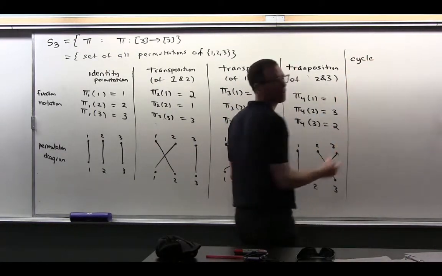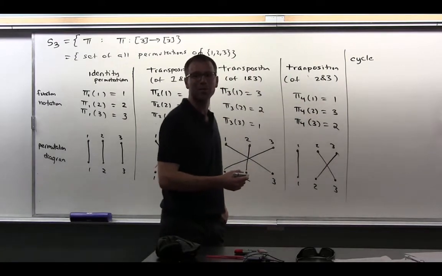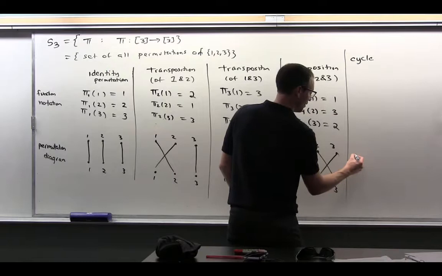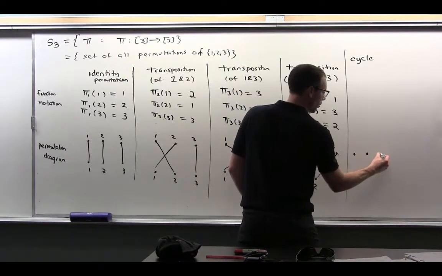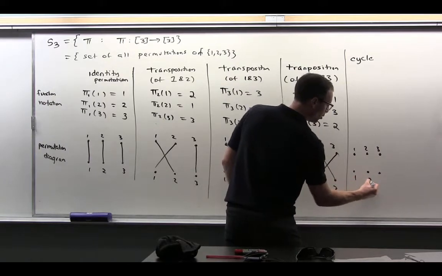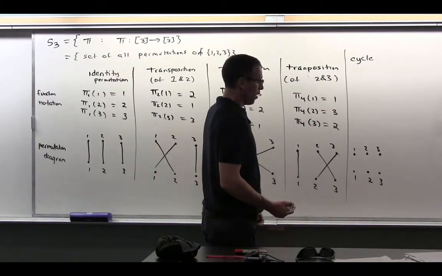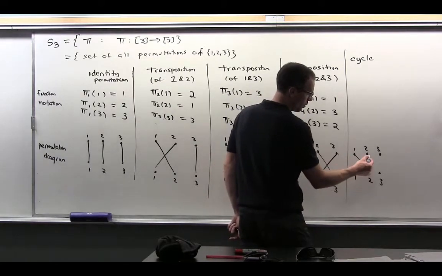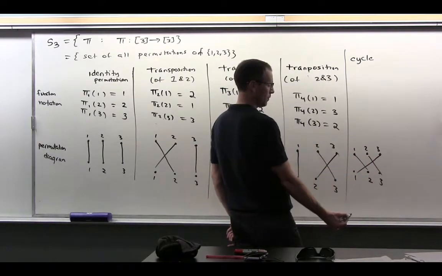And in this one, we'll call it a 3-cycle. Could you imagine why we call it a 3-cycle? Because there's 3 of them, right? Yeah, so 1, 2, 3. Go ahead: 1 goes to 2, 2 goes to 3, 3 goes to 1.